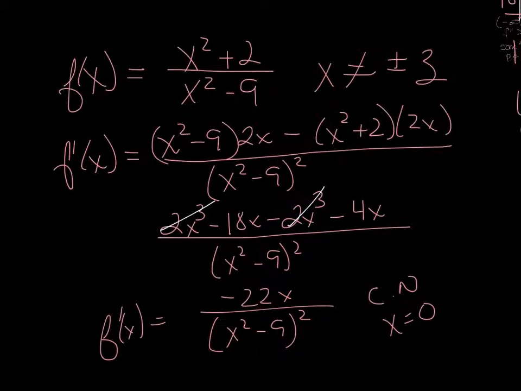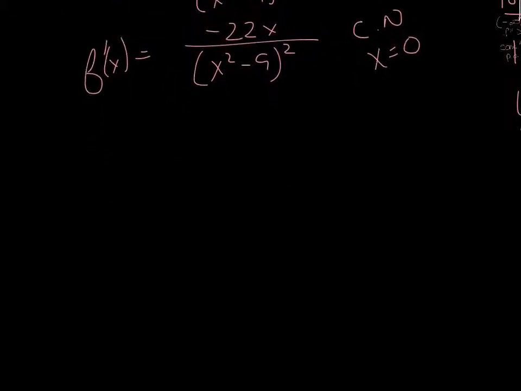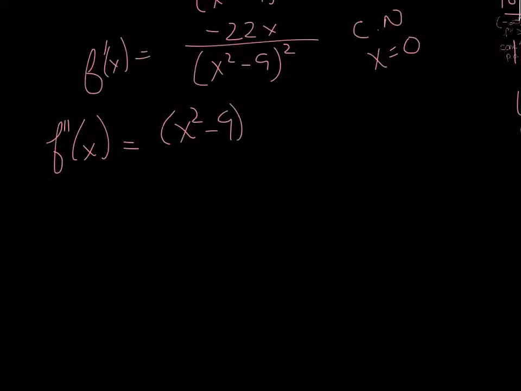All right, so let's find the second derivative. Denominator times the derivative of the numerator minus the numerator.